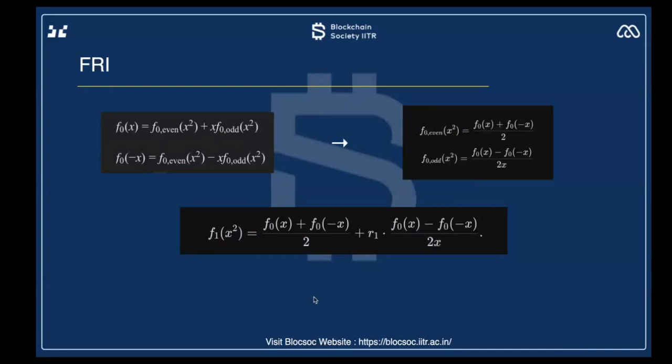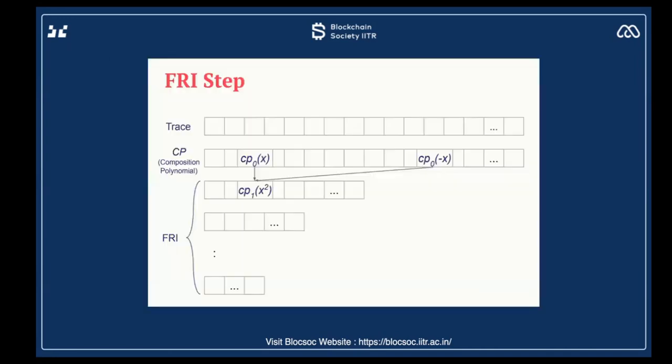Okay, so generalizing it, it means that if for the ith polynomial you know the value of f(x) and f(-x), then you know the value of f(i+1) at x squared. The verifier will use this to verify the transitions that the prover made in the FRI steps.